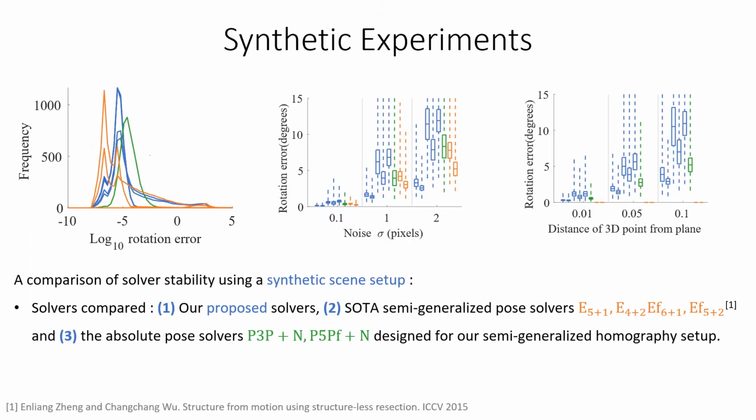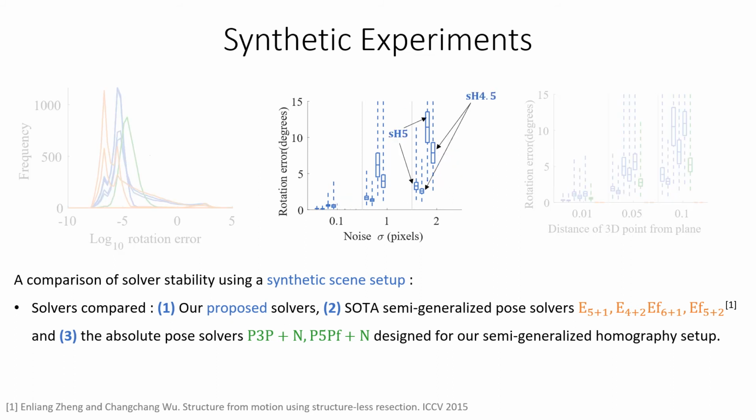We have performed a comparison of solver stability using a synthetic scene setup with respect to the state-of-the-art semi-generalized pose solvers and the absolute pose solvers designed for our semi-generalized homography setup. The graphs seen here are for the error in the rotation estimates for the case of a calibrated camera. This experiment shows that our proposed solvers have comparable numerical stability in the presence of image pixel noise and close to planar scenes with respect to the state-of-the-art solvers.